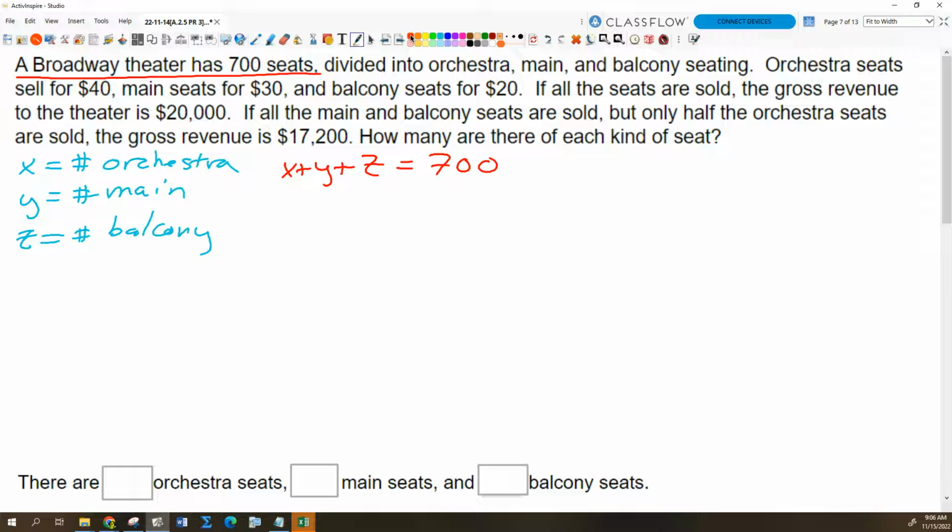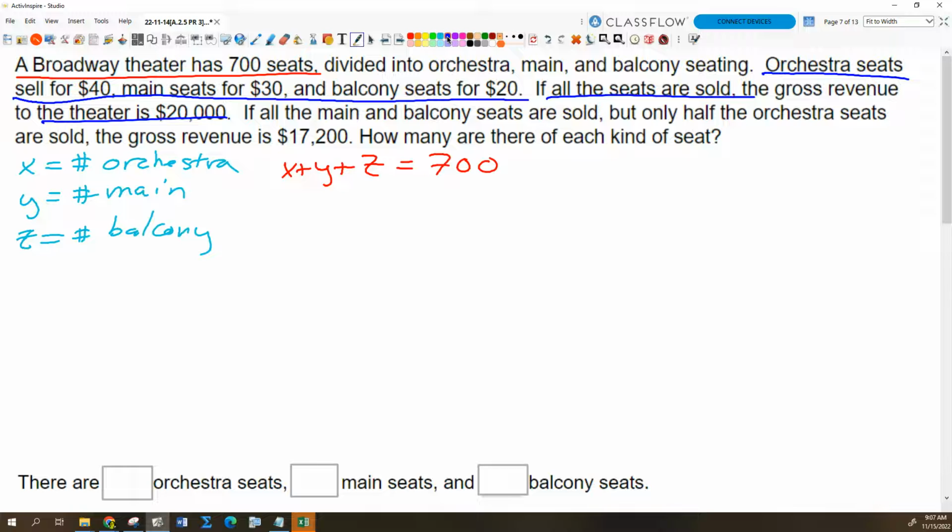Okay. What about this information? If orchestra seats sell for 40, main seats for 30, balcony seats for 20, and if all seats are sold, the revenue is 20,000. How can we turn that into an equation? Malin, what do you think? How could we use that information? Well, the fact that they're telling us that orchestra seats are 40 a piece, main ones 30 a piece, balcony 20 a piece.